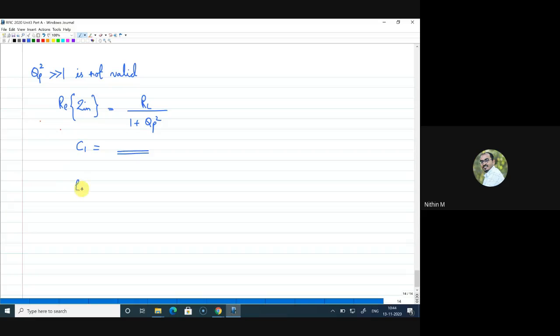Using that C1 value, I'll substitute for L1. L1 is RL square into C1 divided by 1 plus QP square. Can you guys work out and tell me what the L1 and C1 values are?